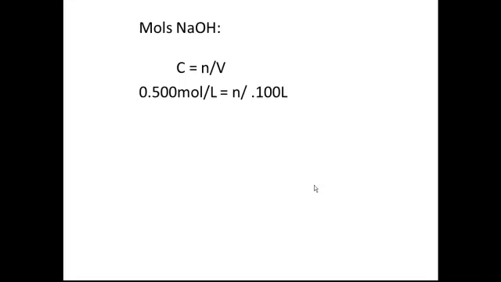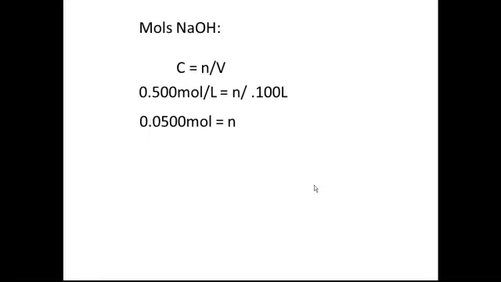It's going to equal n for the number of moles divided by the volume of sodium hydroxide we used. And we only used 100 milliliters, which works out to be 0.100 liters. Okay, we've got to convert that milliliters to liters so that our units are the same. Now multiplying both sides by the 0.100 liters, we'll get the number of moles by itself, and we discover we have 0.0500 moles in our aqueous solution.